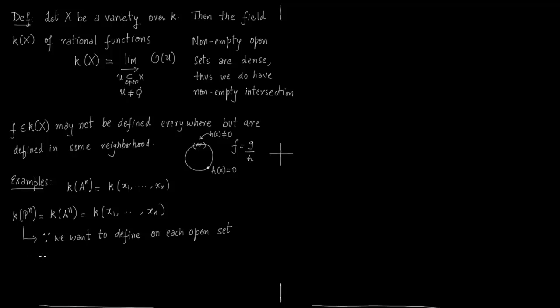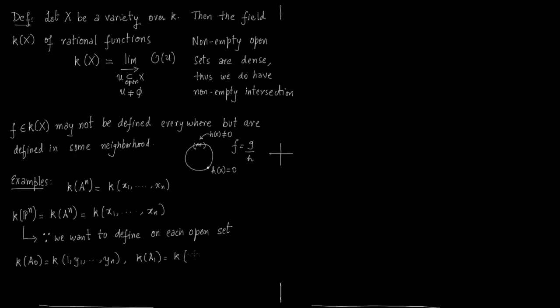So we see that P^n is covered by open sets A0, A1, A2, A3, all the way to An. So k of A0 is you take 1, because you fix the first coordinate as 1, first coordinate is non-zero, and then you have 1, y1 all the way to yn.